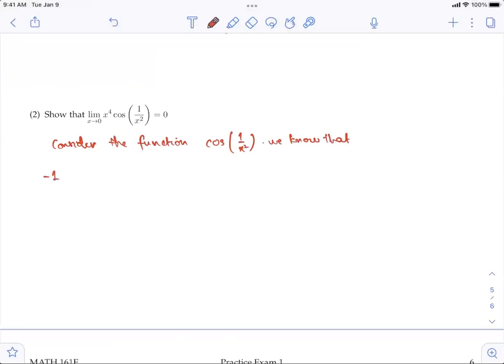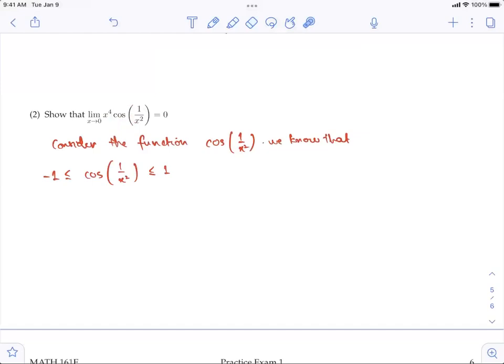the cosine function is bounded between -1 and 1, because of the amplitude of this particular function. So again, cosine of 1 over x squared is bounded between -1 and 1. The next step is to mimic the function given to us here, x to the 4 times cosine of 1 over x squared.